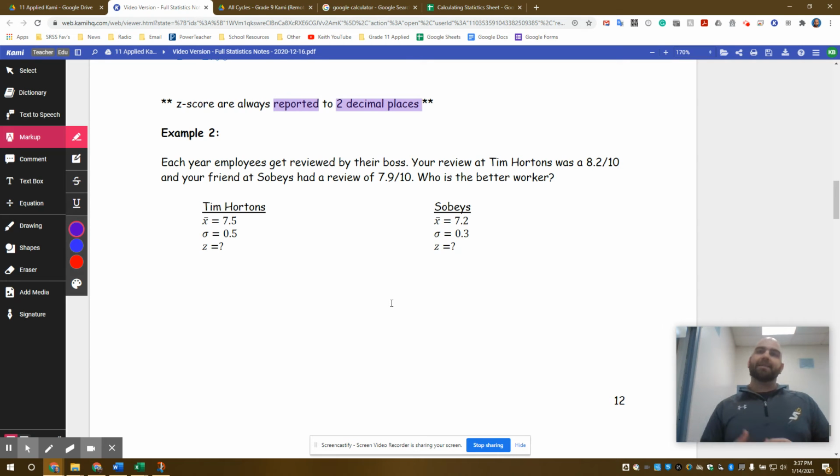Okay, the person at Tim Hortons, your boss, might give really good reports, whereas the person at Sobeys might give really bad reports. If you look here, the average at Tim Hortons was 7.5. The average at Sobeys was 7.2. Okay, that doesn't mean that Tim Hortons employees are better than Sobeys employees. That's not what it means. It's important that we understand that.